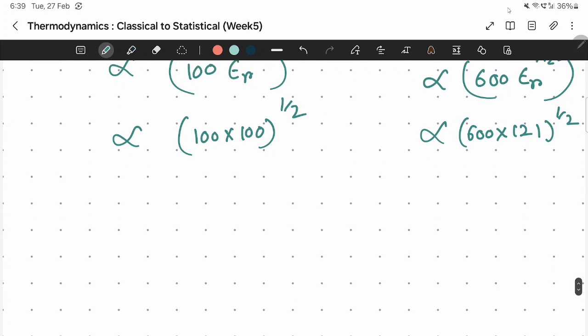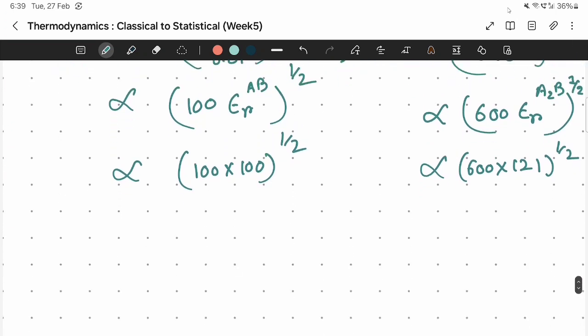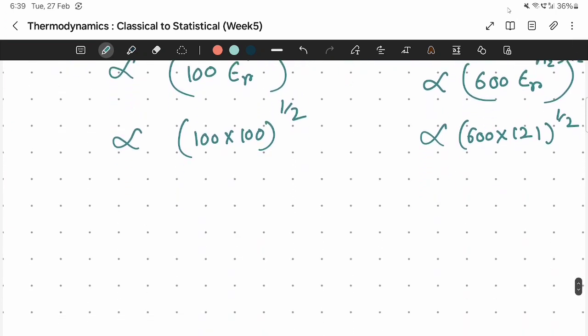So it's clear that RD1 is smaller than RD2. RD1 is for AB and RD2 is for A2B, because it's 100 into 100 versus 600 into 121.